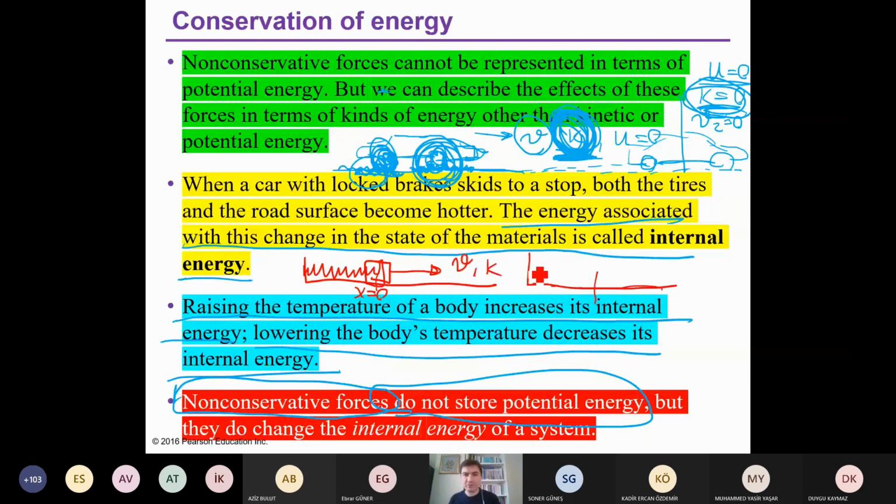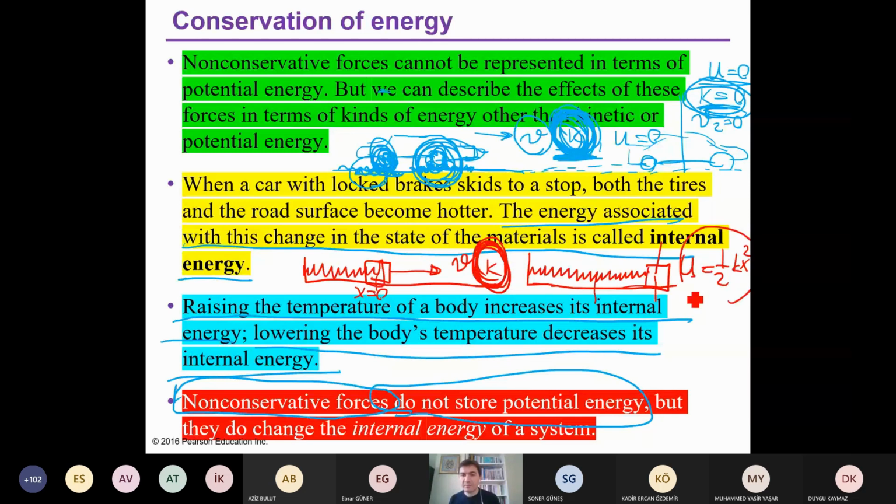With this force, I am able to stretch the spring up to this point. Then I fix this box here. Then all this kinetic energy is converted to potential energy, which is given by 1/2 kx squared.